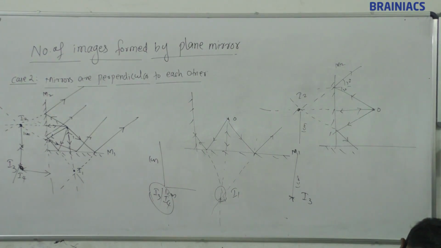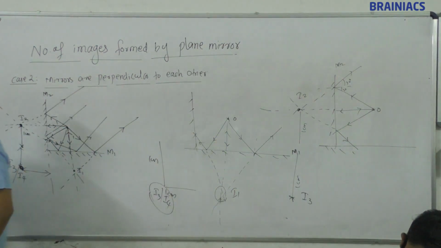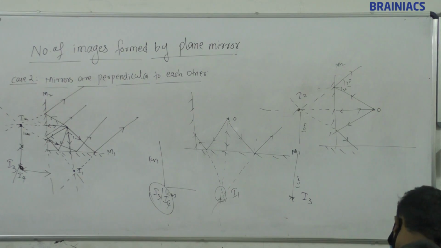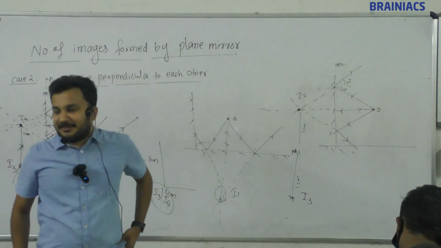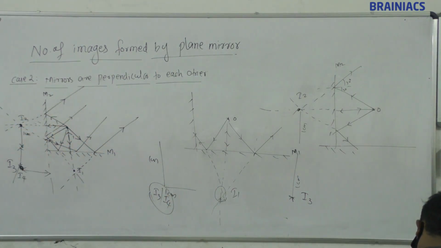Understood? Easy only or tough only? Easy only, right? Understand and draw, then you have to practice. There are a lot of things there, but it is easy. This I2 will act as an object for M1. Its reflection you will get here.